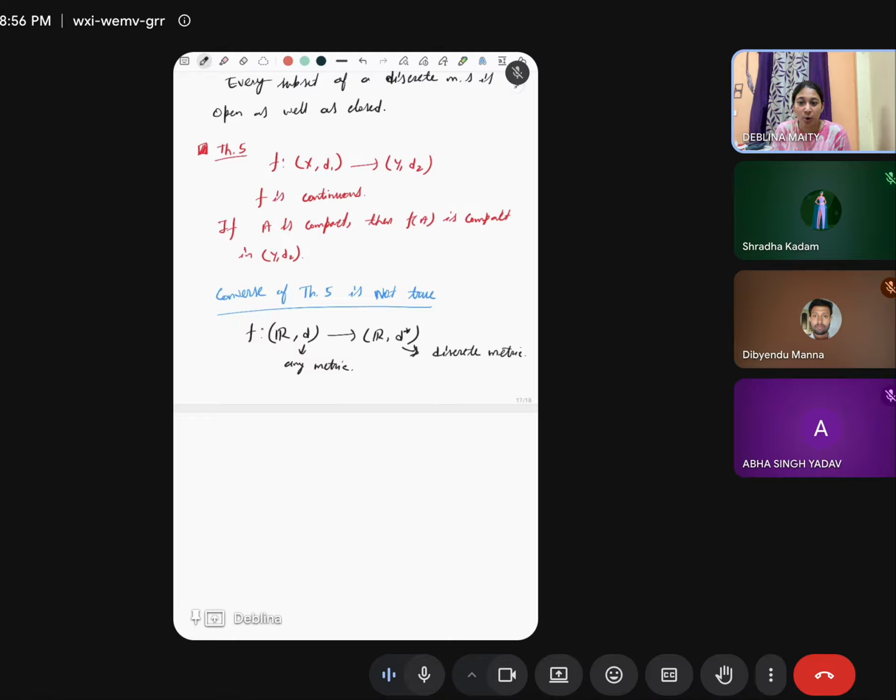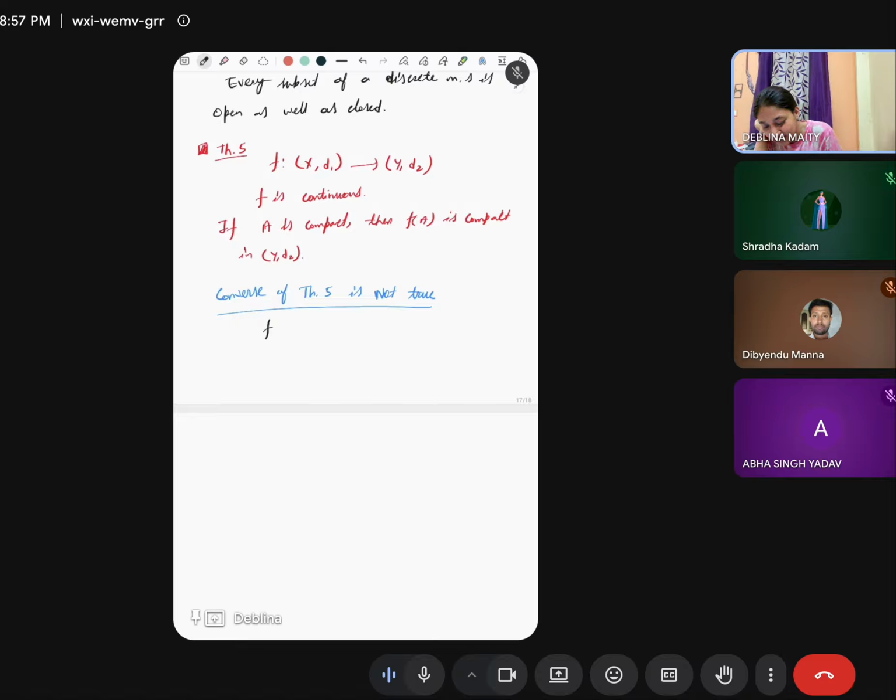Because we have to choose compact sets from the domain, we don't need to take any particular metric in the domain space. So d can be any metric, and we are choosing d star, the codomain, to be the discrete metric. We don't need to take metrics actually; it depends on the mapping.